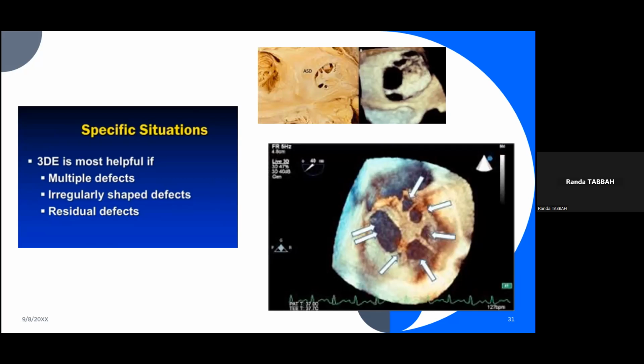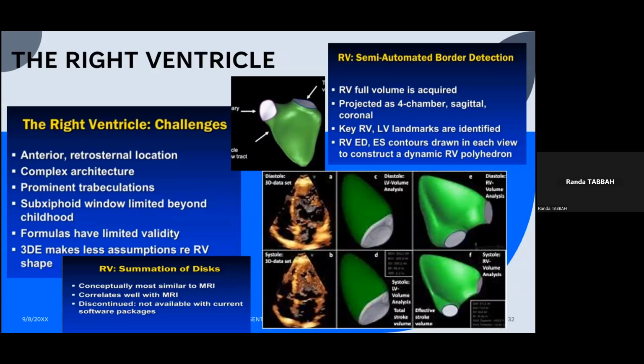And also we can have an evaluation of the right heart, the right ventricle. The right ventricle is always a ventricle that is forgotten, okay? So even in the pediatric or even in the adult population, the right ventricle is always forgotten.